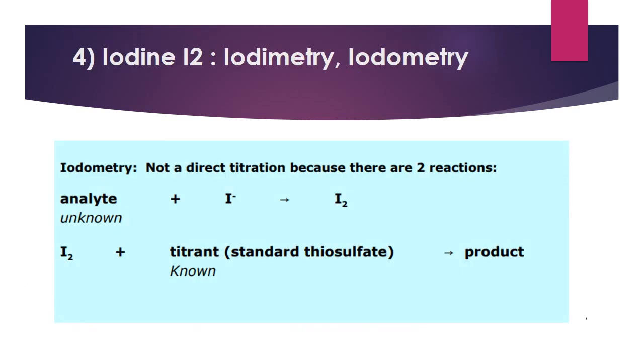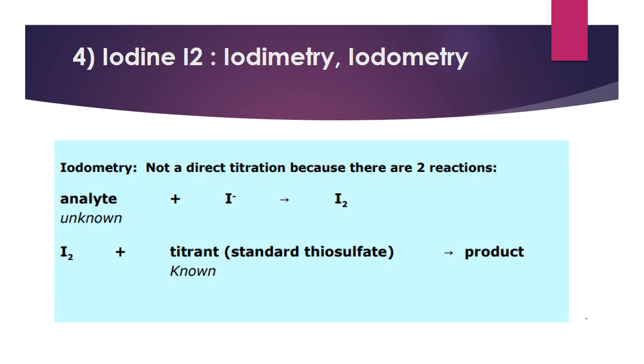Iodometry is the titration of the liberated iodine, or produced iodine, from the effect of the oxidizing agent. This type of iodometric titration involves two types of reactions. Why is it an indirect titration?